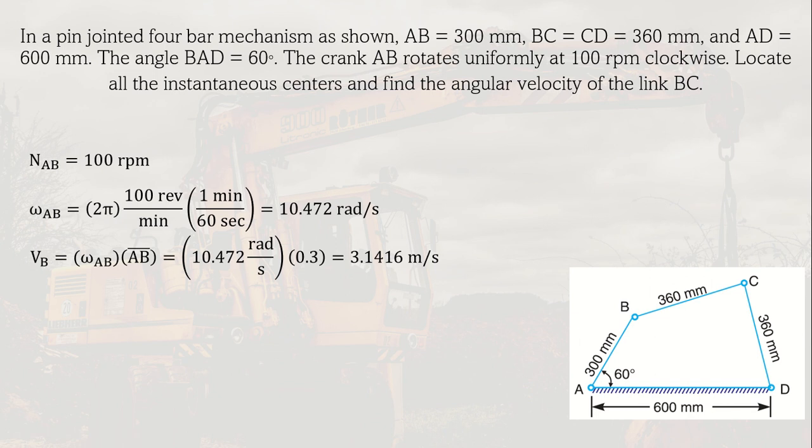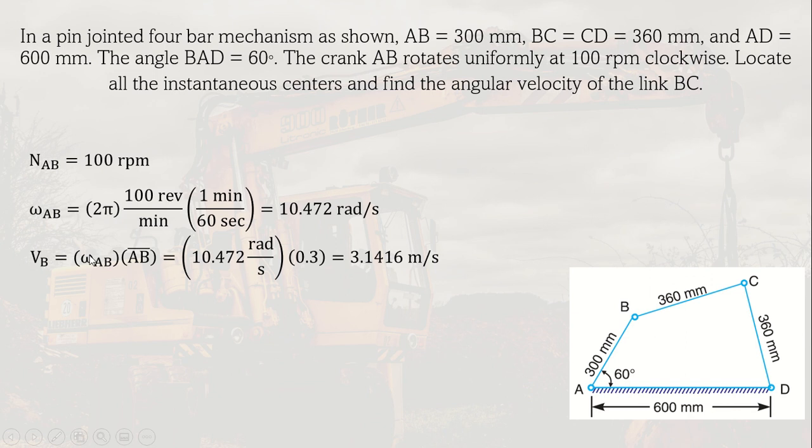Now that we have the angular velocity of AB, we can get the velocity of B. Since point B is on the same link AB, we can get its absolute velocity by multiplying the angular velocity by the distance of point B from the axis of rotation.